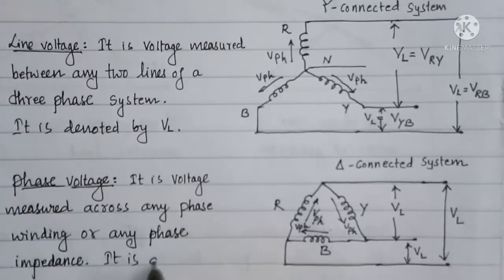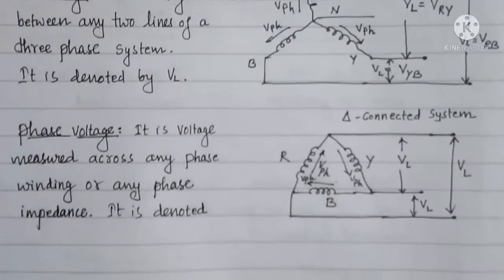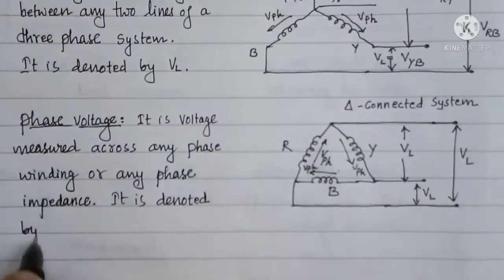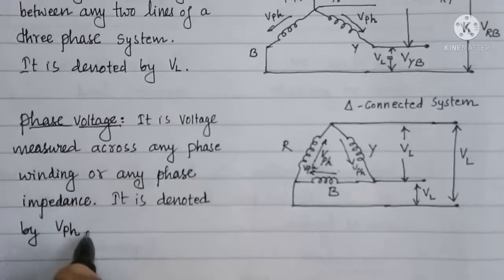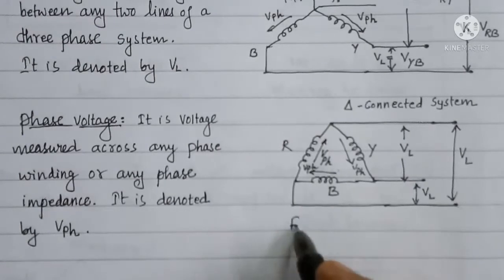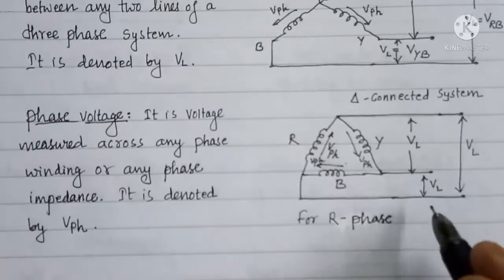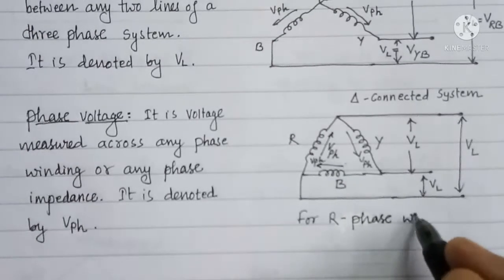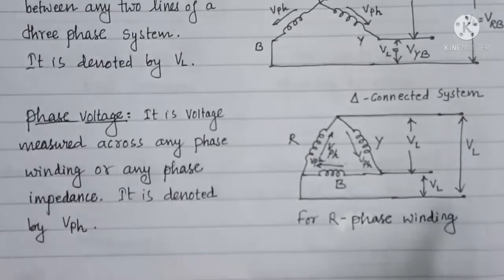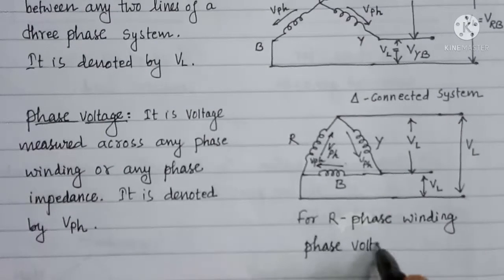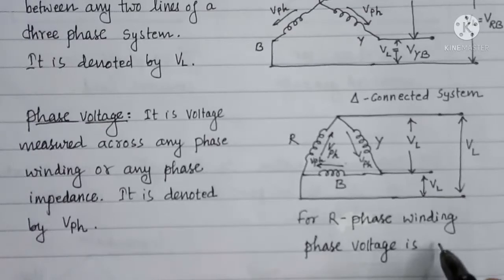It is denoted by VPH. For R phase winding, phase voltage is VRPH.